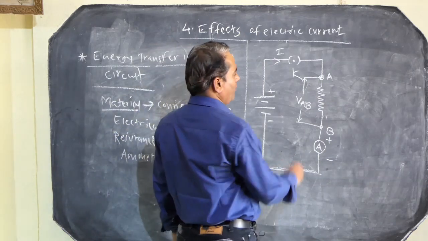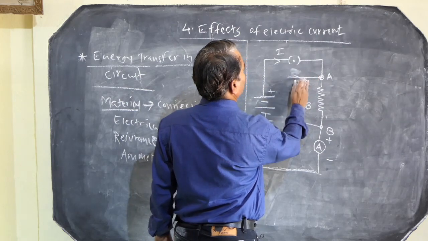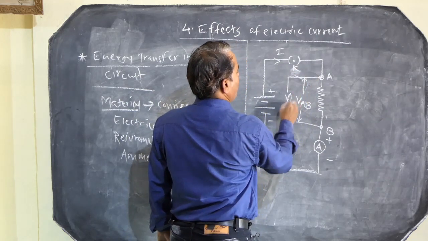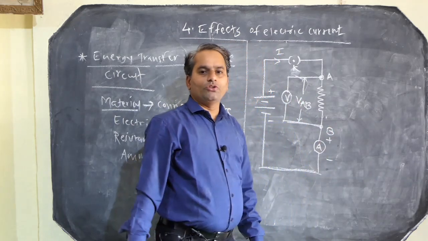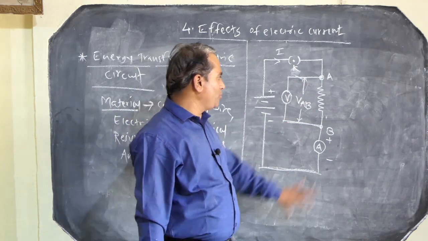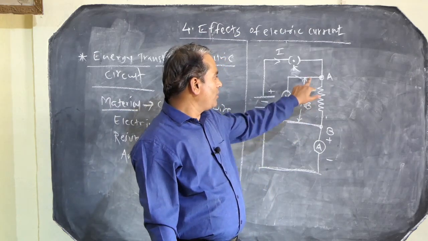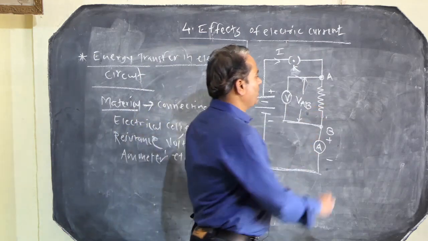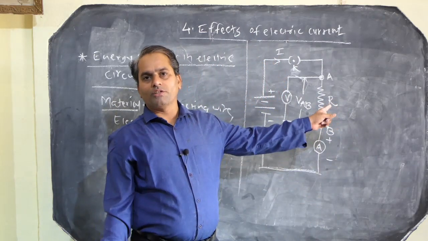The voltmeter is the device used for measuring the potential difference between terminals A and B, denoted as the potential across AB, and here we show the symbol R. R stands for resistor.